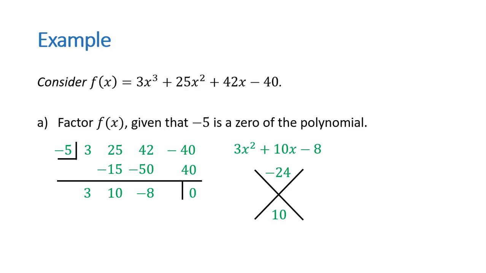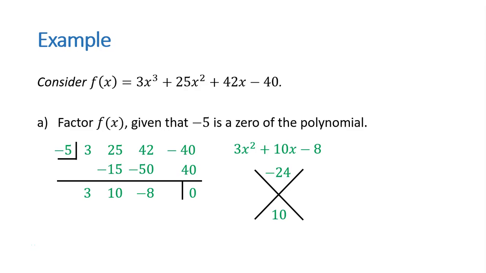So I need to fill in the other two parts of the X, and I'm going to fill it in with two separate numbers. How do I find them? Well, these are numbers that multiply to give me -24, but also add to give me a positive 10. Because they multiply to give me a negative, I know they have to be opposite in sign. So one is going to be negative, one's going to be positive. But they also have to add at the same time to give me a positive 10. So this is really trial and error at this point.